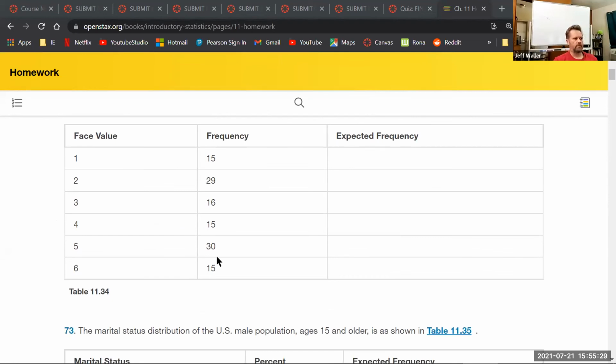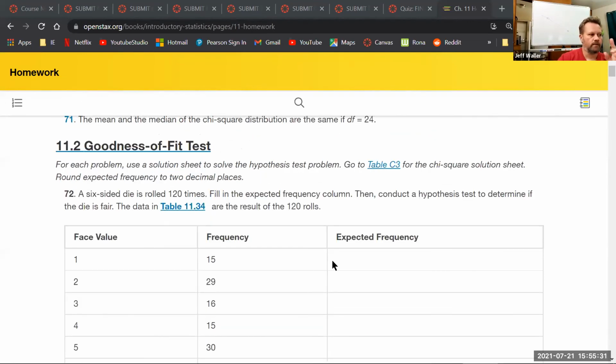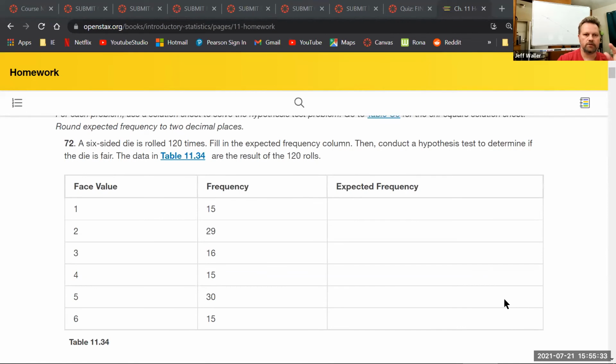Okay, so the problem with this is information. You're going to construct your table. What's your table going to look like? It's going to have the categories, which is the sides of the die. You with me? Then it's going to have observed, expected, observed minus expected squared, just like on our worksheet that we did, right?